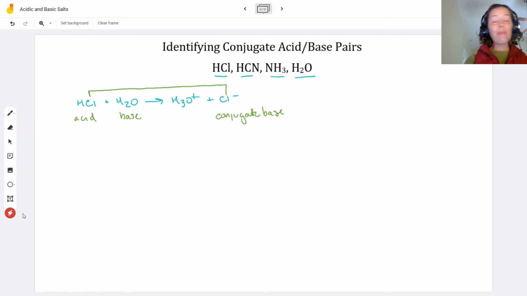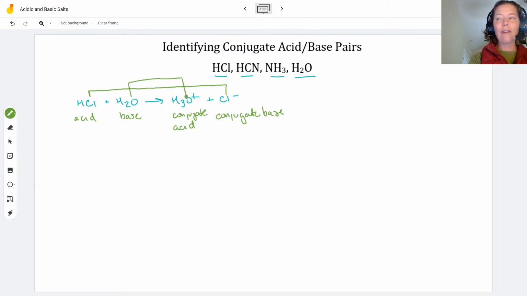So when it accepts that proton, it's no longer H2O, but it's H3O. And of course, we get a positive charge with this as well. So H3O plus is the conjugate acid of water. And again, let's put brackets here.